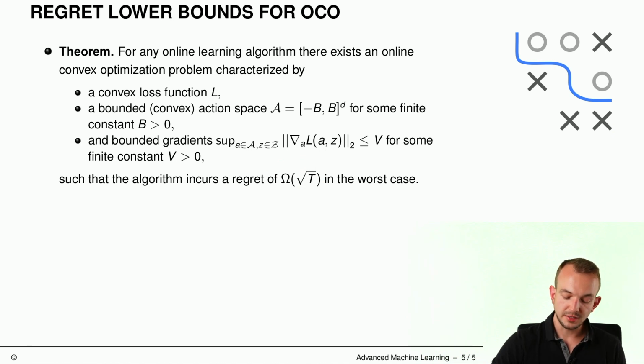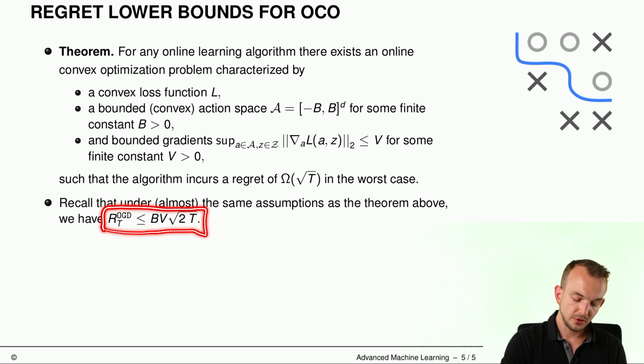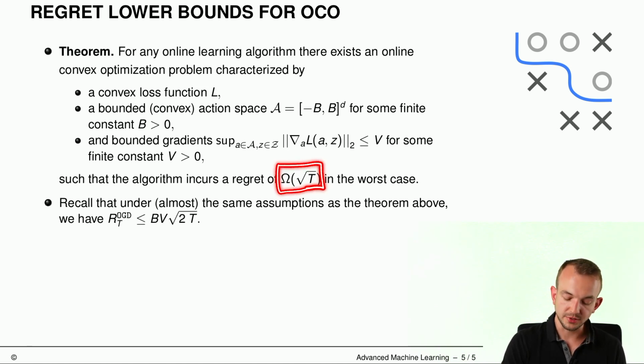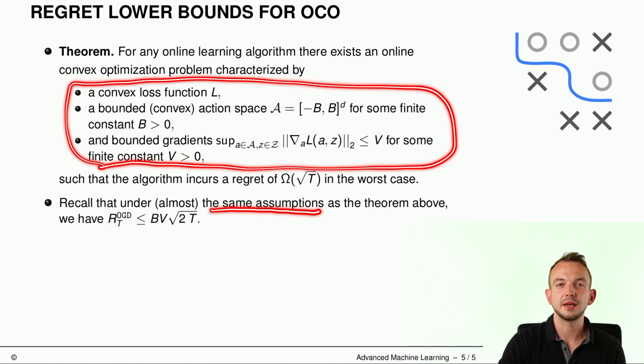So this is telling us that the result we just have seen for the online gradient descent algorithm, where we have here the growing behavior of square root of the time horizon, cannot be improved in the worst case. So you can always construct an online convex optimization problem where more or less the assumptions are the same as we had before.